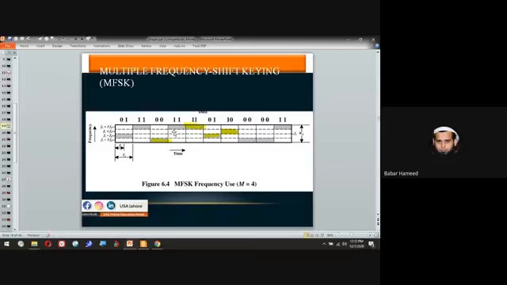So total bandwidth is FC plus 3 FD. Let us say if we keep our FD equal to 100, then what will happen?